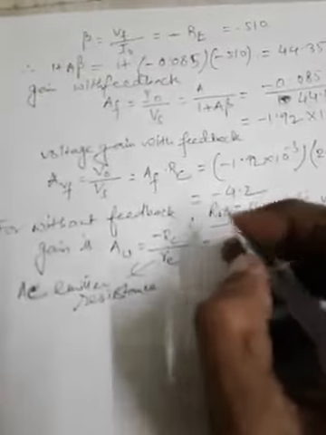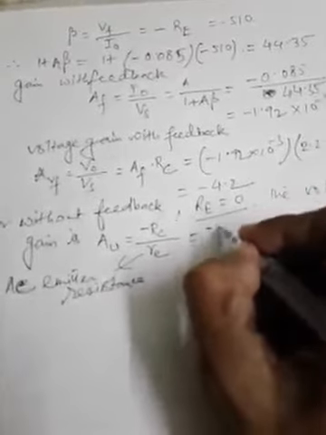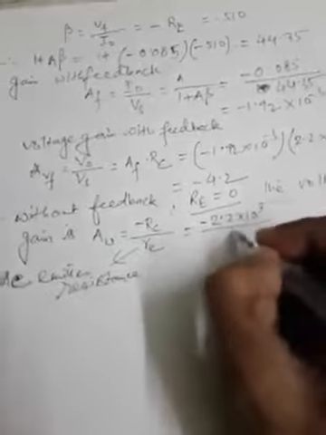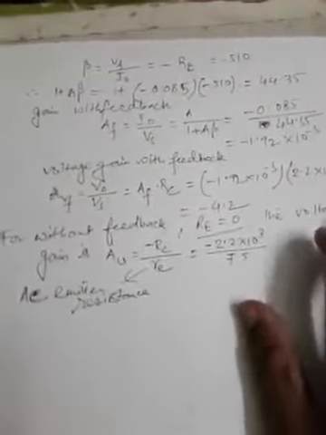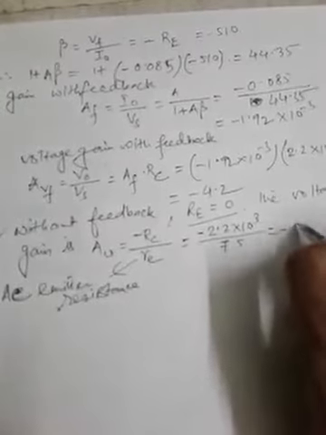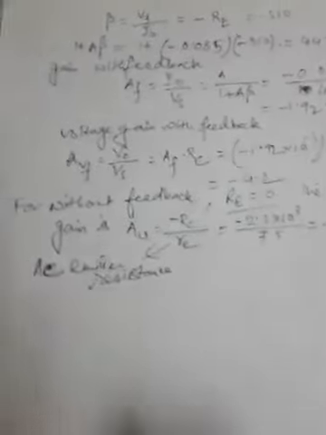So only the AC emitter resistance should be there, and this is the ratio of resistances. So it is minus 2.2 into 10 cube divided by 7.5. This expression we have seen in our discussion for BJTs in their AC model. So this is minus 293.3. So this is how the problem can be solved.